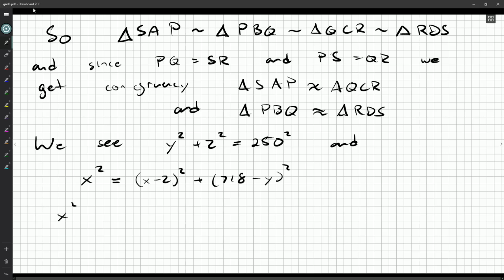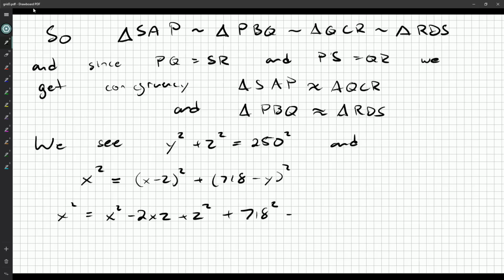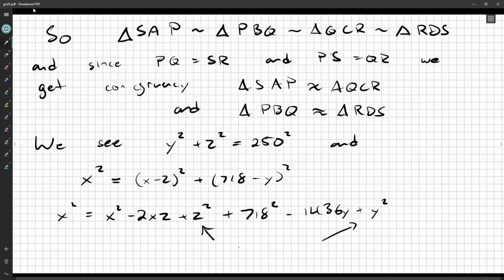So I think if we're careful and expand this out, I don't remember off the top of my head what 718 squared is. I'm just going to leave it as is. Minus, getting out my calculator, 718 times 2 is 1436. So there'll be a y there, plus y squared. So these two here are 250 squared. And these x squareds should cancel.